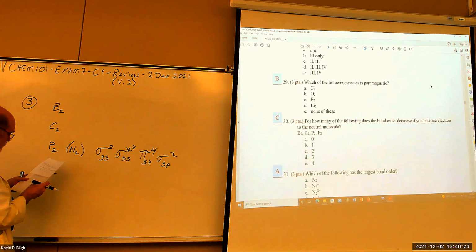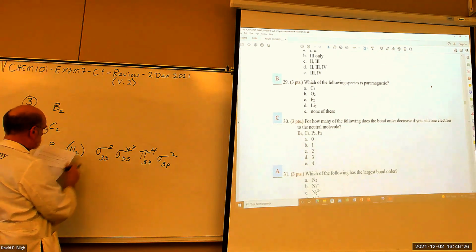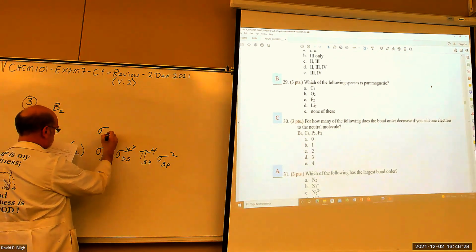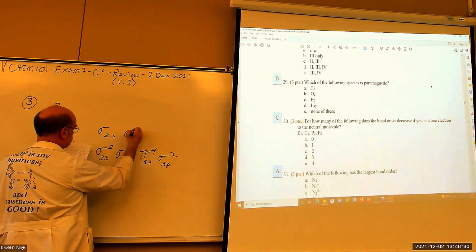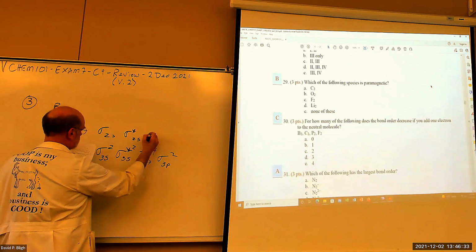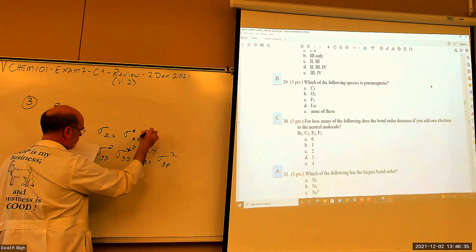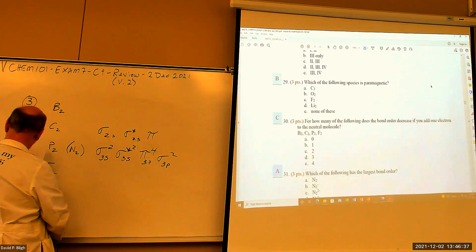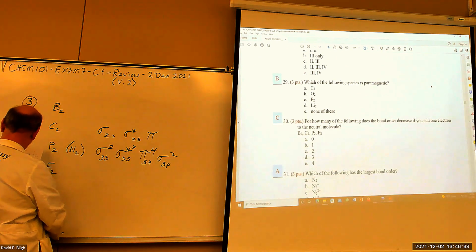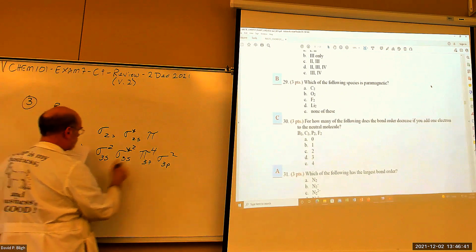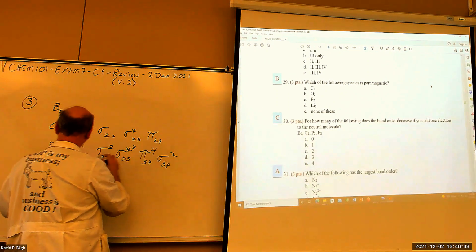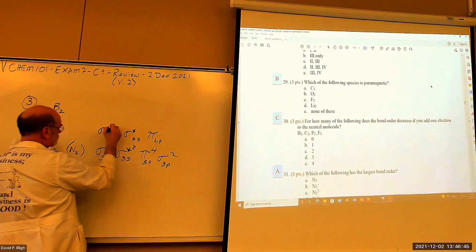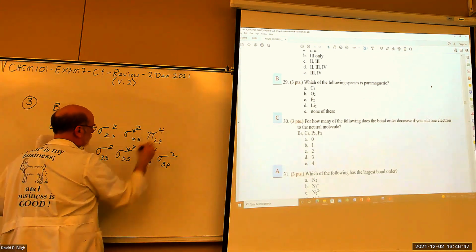Okay, carbon is sigma 2s, sigma star 2s, and pi 2p. So there are 4 each, 2, 4, 8.